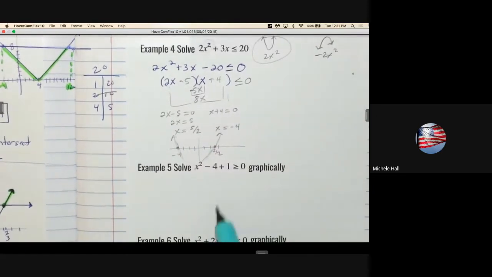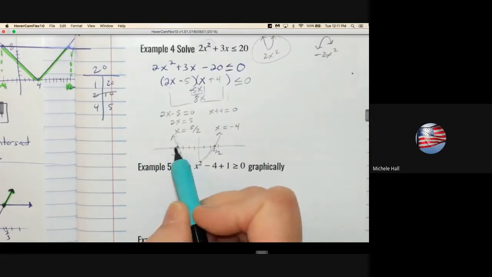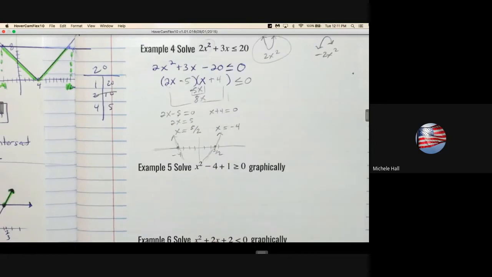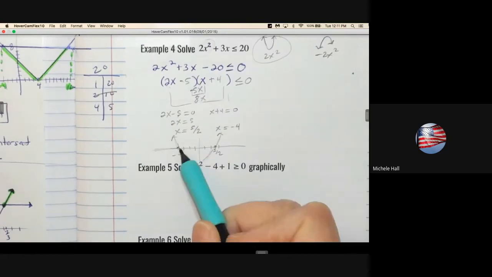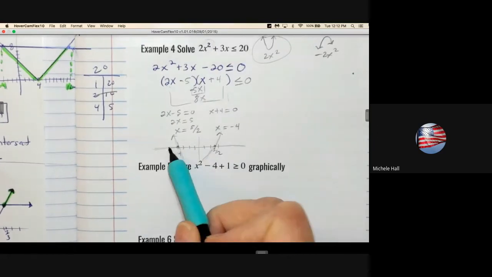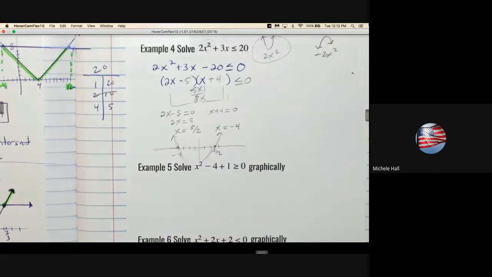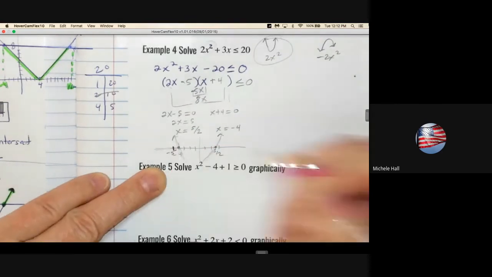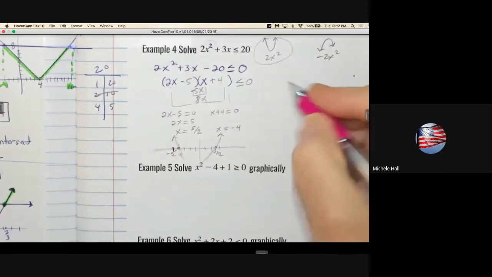I can check this by checking values. I would need to check a value over here, a value in between, and a value over here. Let's pick negative 5.